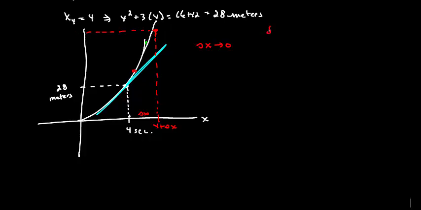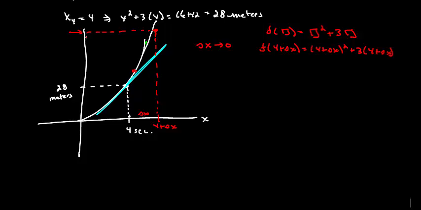Well, the function f was equal to something squared plus 3 times something. So f at 4 plus a little bit must be 4 plus a little bit squared plus 3 times 4 plus a little bit. That's the height.